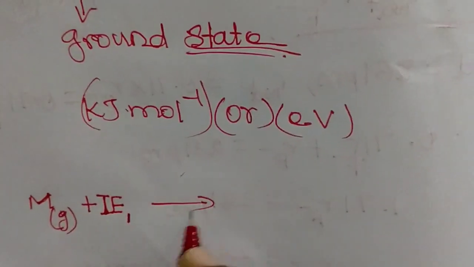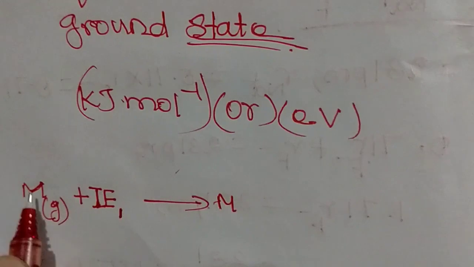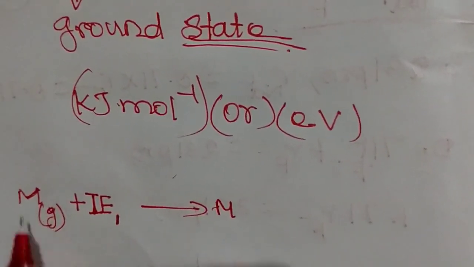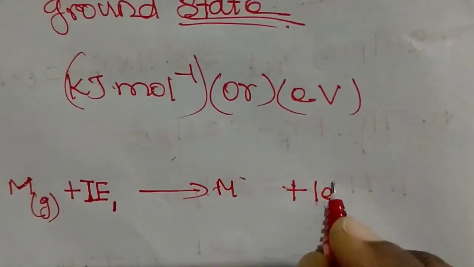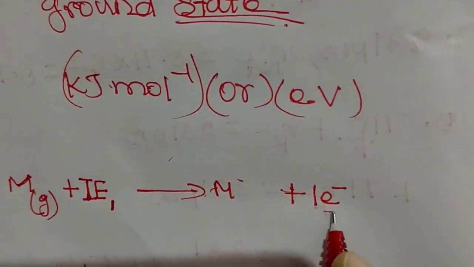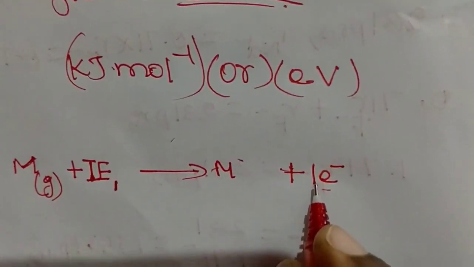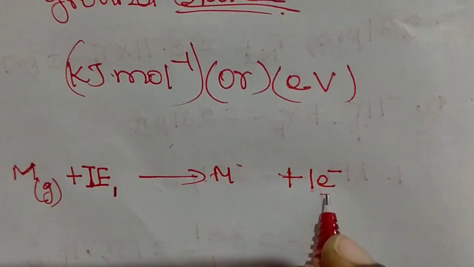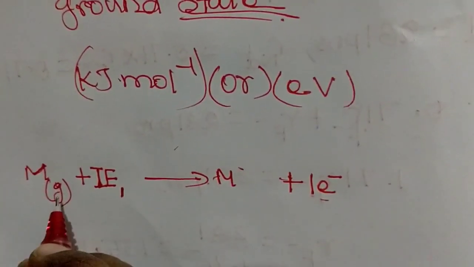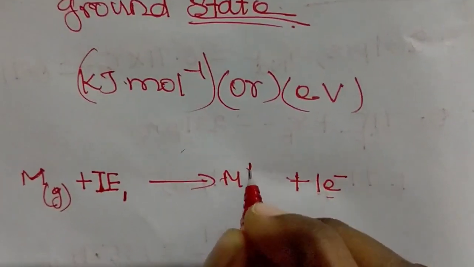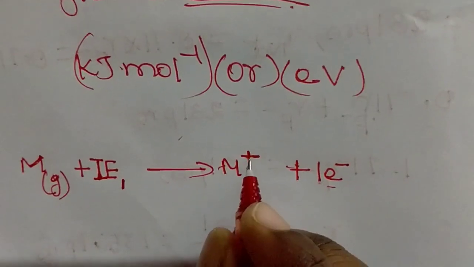And it gives removal of one electron. So one electron is removed from the M gaseous atom. This symbol e minus denotes the electron. So how many electrons are removed here? One electron is removed from this M gaseous atom. So this M becomes M plus. How does it become M plus?